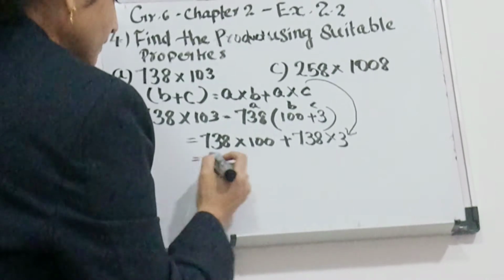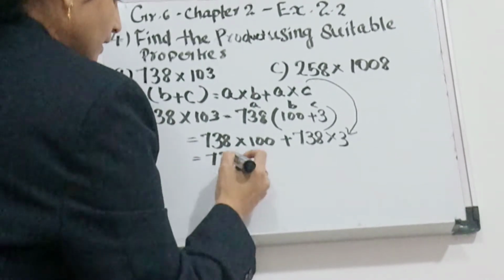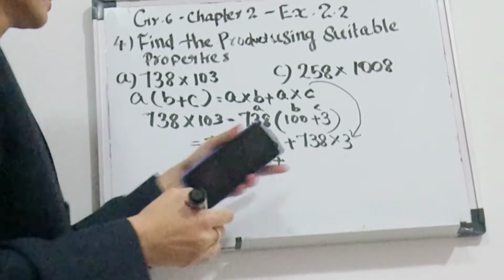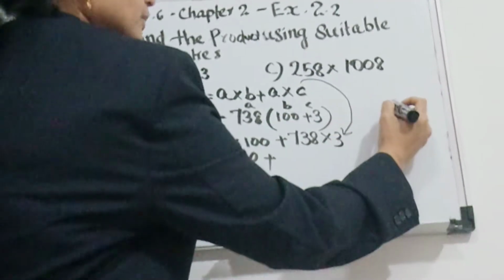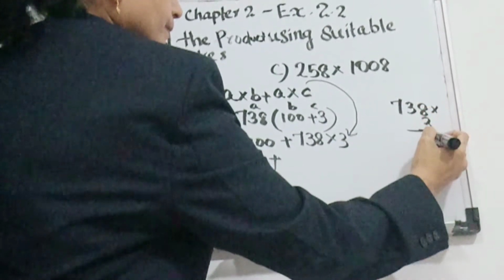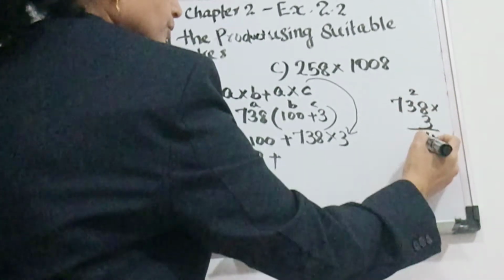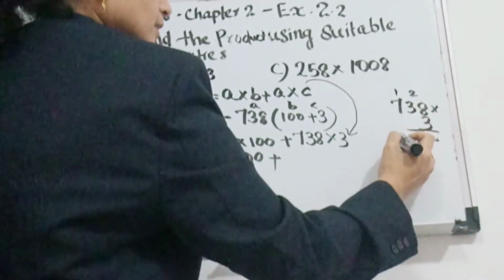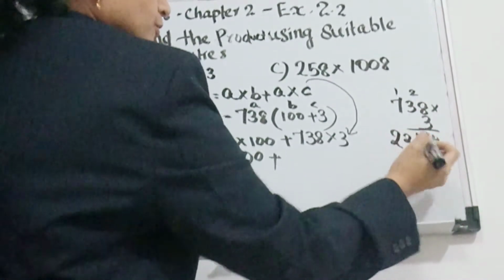So this becomes 73800 plus 738 into 3. 3 eights are 24, write 4 carry 2; 3 threes are 9, plus 2 is 11, write 1 carry 1; 3 sevens are 21, plus 1 is 22. So 2214.